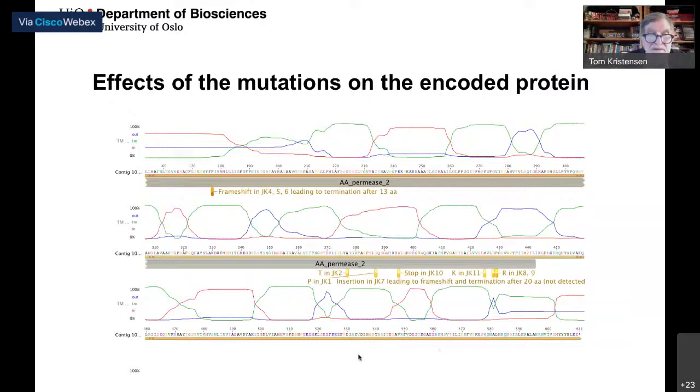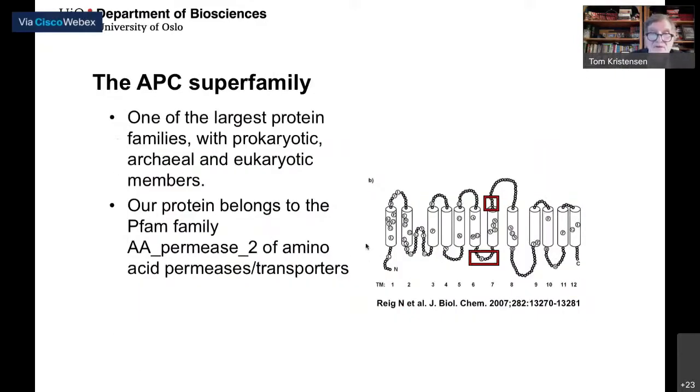And this is how the mutations were placed in the protein. Again, we have the protein spanning the membrane, with green regions here, inside the cell in red and outside the cell in blue. If we look at the model of the protein, or this protein family, this is the inside of the cell down here and the outside of the cell up here.